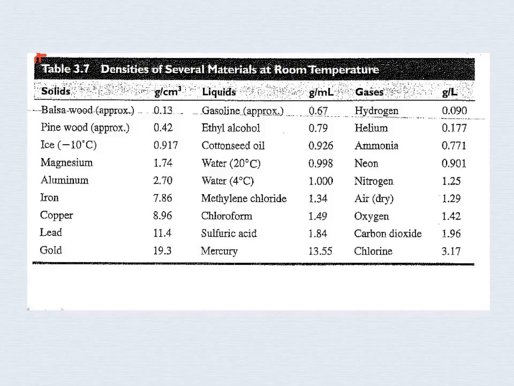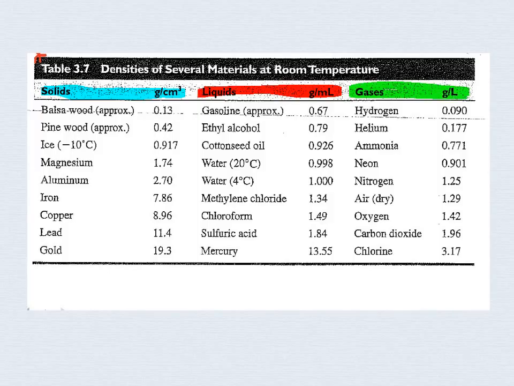I'd like you to notice that there's a column for solids, and all these solids have densities listed as grams per cubic centimeter. There's a column for liquids, and these are measured in grams per milliliter. And there's a column for gases, and they are listed in grams per liter.